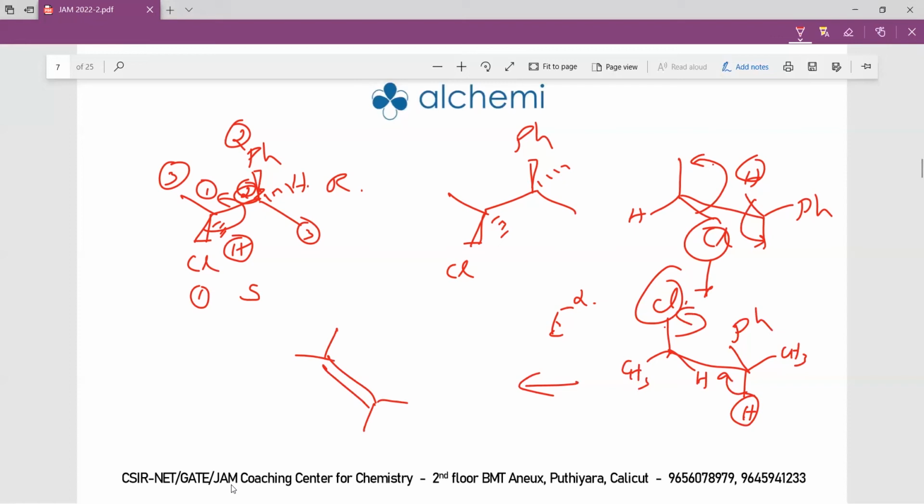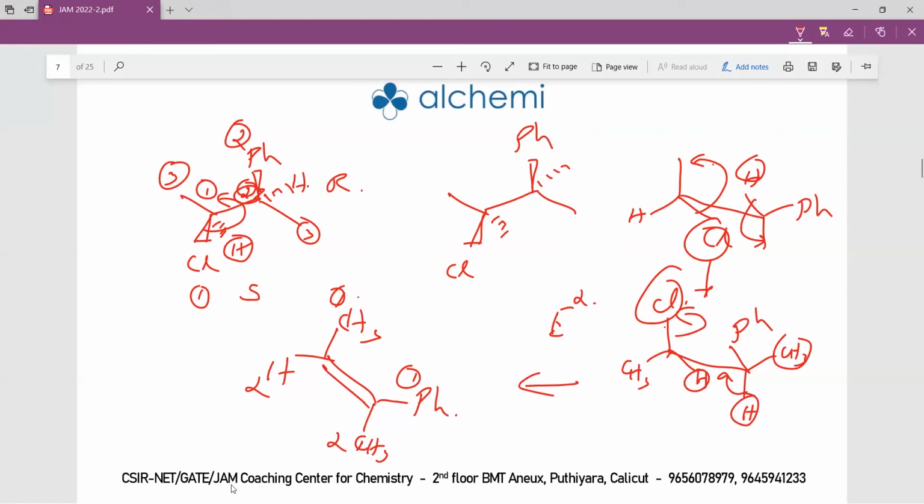You can see CH3 and hydrogen are on the same side. Here you will get CH3 and H, Ph and H. If you number it 1, 2, 1, 2, you can see 1 and 1 are on the same side.